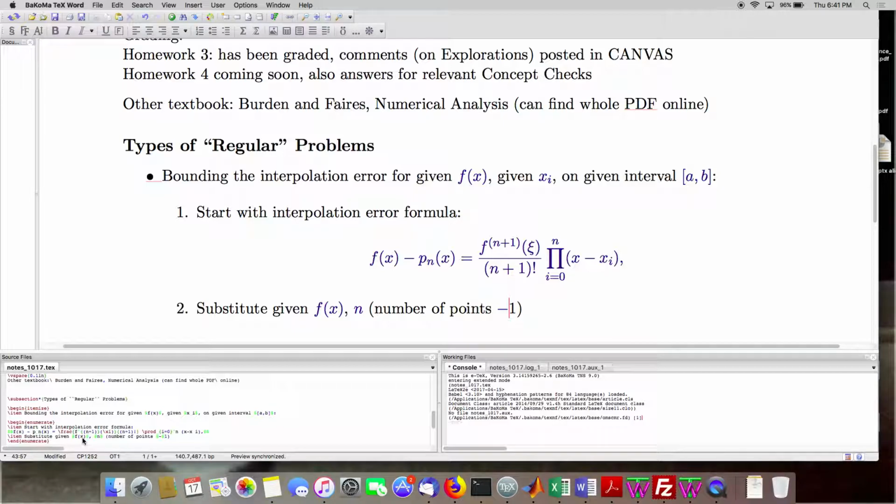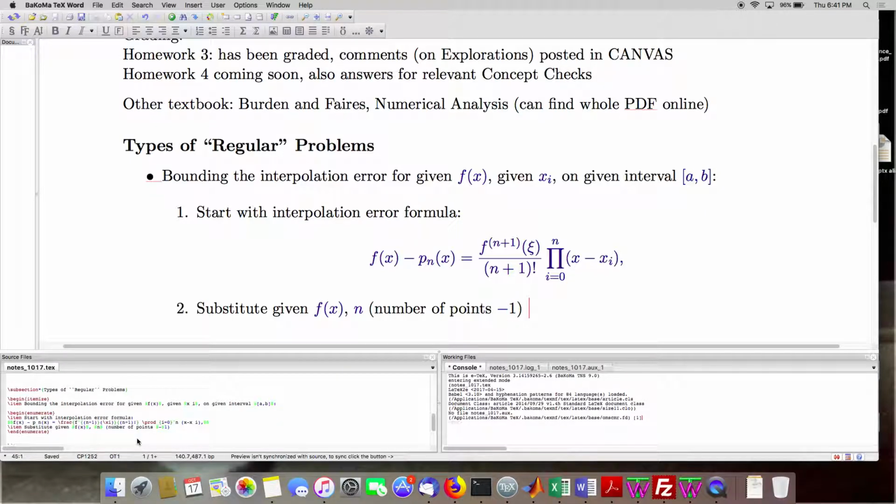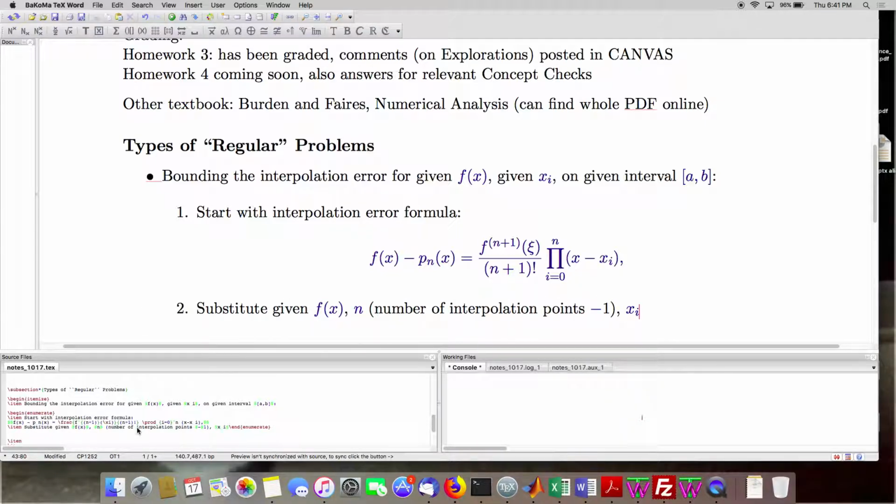In other words, if this is a quadratic, I'll give you 3 interpolation points, so n would be 2. Number of interpolation points minus 1. And the given x values are also filled in there.